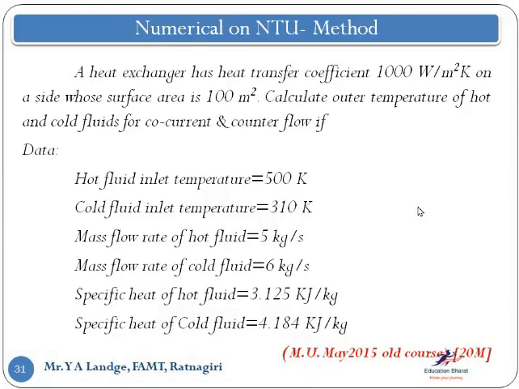Because if we have Q equal to UA delta T LM, then for that I should know the area, the surface area is given, I should calculate the value of Q, and the value of U. But here, for this particular numerical, to get the outlet temperature of the hot and cold fluid we use the NTU method, because in LMTD we require the four temperatures, or if one of the temperatures is missing, then it is possible to calculate.